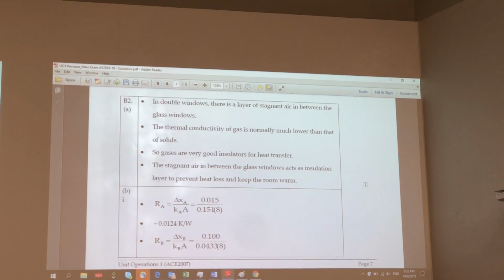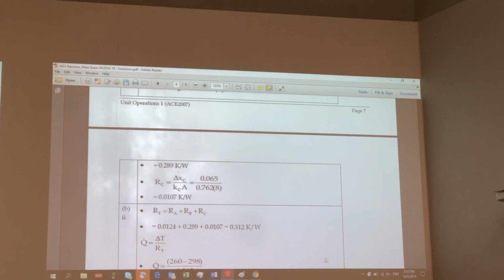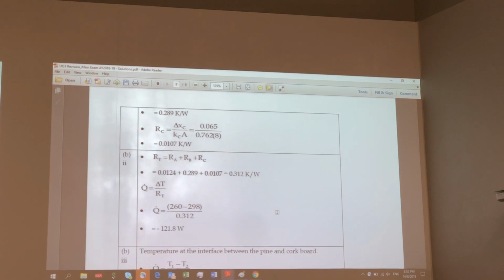So this is for the thermal resistance. You have 3 different materials. After that, what is the total resistance? And then, what is the heat transfer rate?